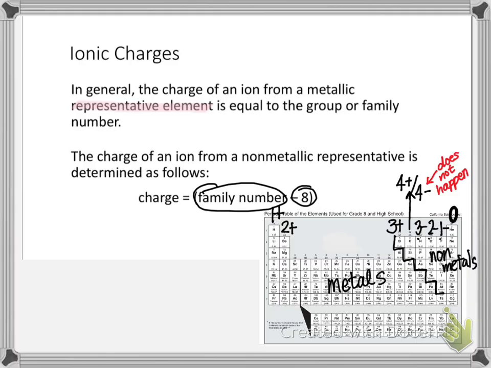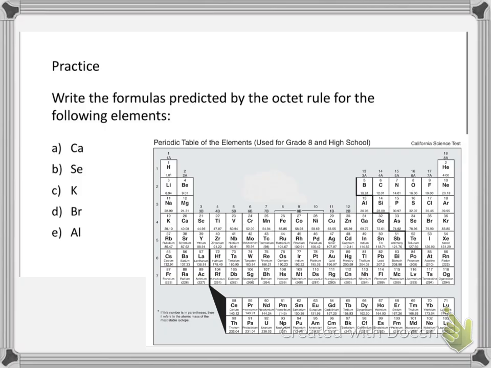Okay, so on the next slide, I'm going to show you, how do they make ions? What's the octet rule? This is our pattern. How would I use this? It's a lot to process, but how am I going to use it? So what you're going to do is, this says write the formulas predicted by the octet rule for the following elements.